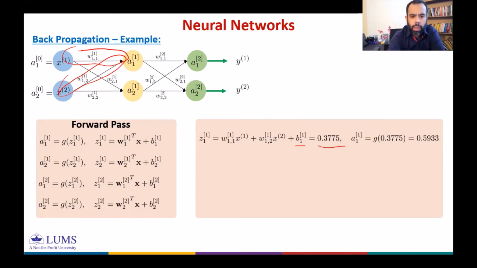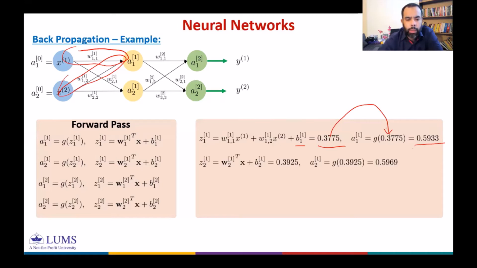And when we pass this through the sigmoid activation function, we obtain 0.5933. If we do the same for every neuron in the network, we obtain this, the output of the second neuron in layer 1.